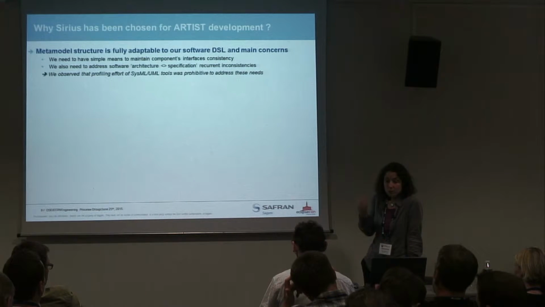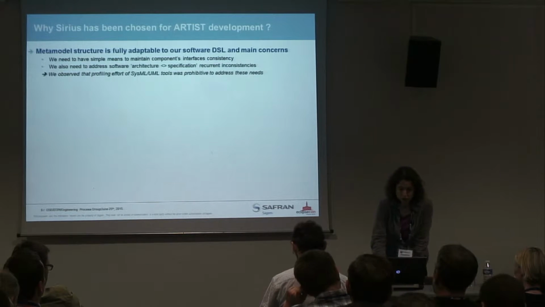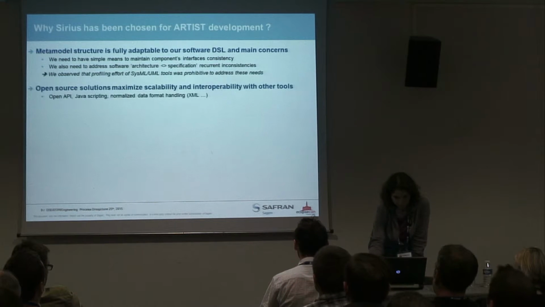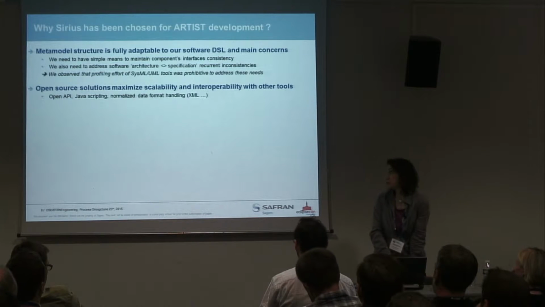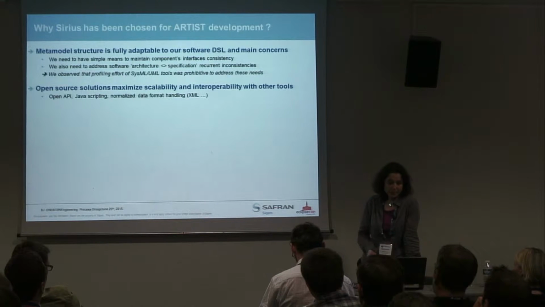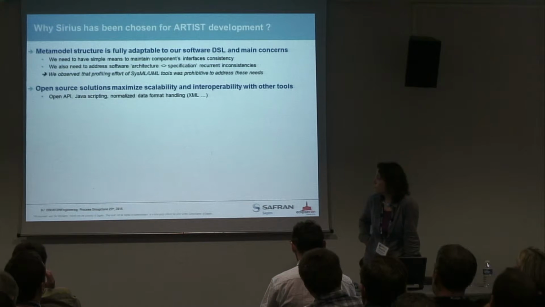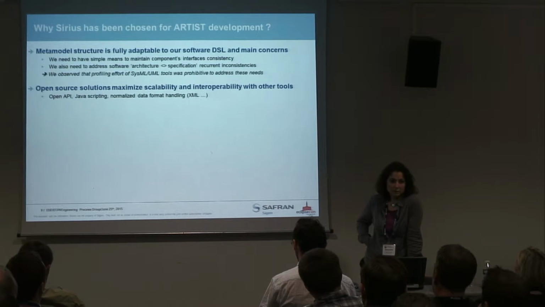After that, the meta model structure is the mirror of our DSL, and then we can use Obeo Designer, which is really adapted to our needs. And the fact that it is an open source solution, with an open API, JavaScripting, and normalized formats, is really a plus. It extends the perspective to high scalability and interoperability for current and future tools.